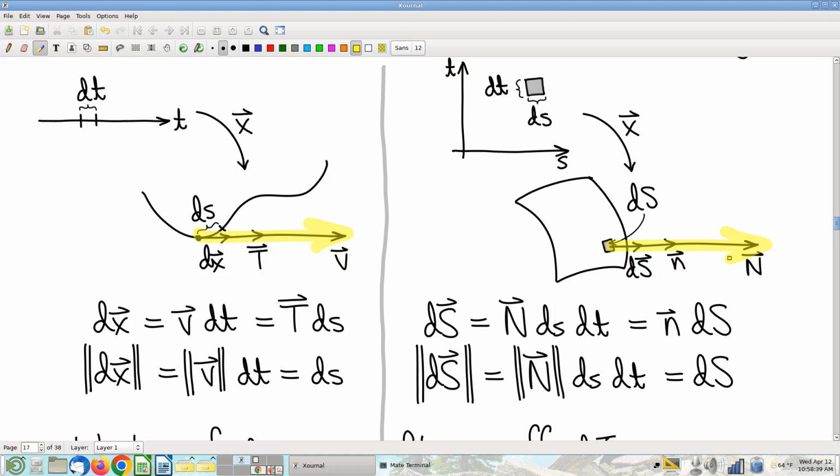For one thing, they both are, if you think about it, derivatives of the parameterization. Where does the velocity vector come from? Well, it's literally the derivative of the parameterization. Where does the normal, capital N, come from? Well, it's a cross product of derivatives of the parameterization. So these are both, in their ways, derivatives of the parameterization. And now let's see, in the algebra, they appear in analogous places.